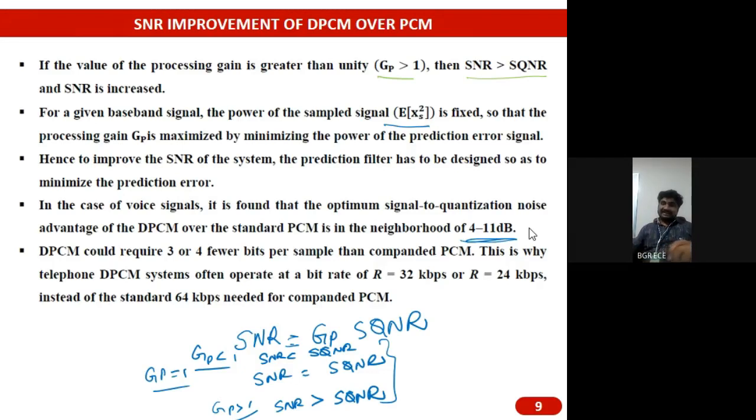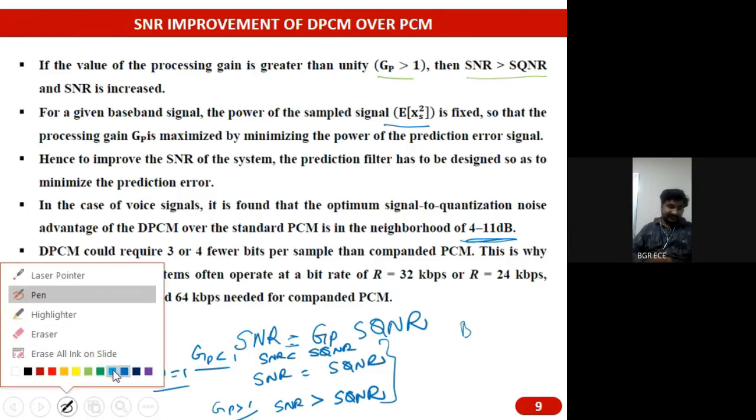Here, as the data rate requirement reduces, the bandwidth requirement is reduced. This is the biggest advantage of the DPCM system.